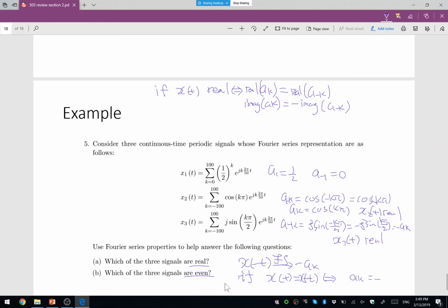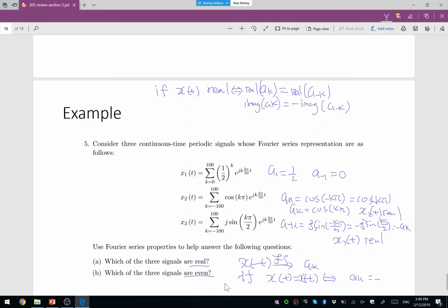3.5. Oh, sorry. The minus sign should be here. That's what makes it a minus k.